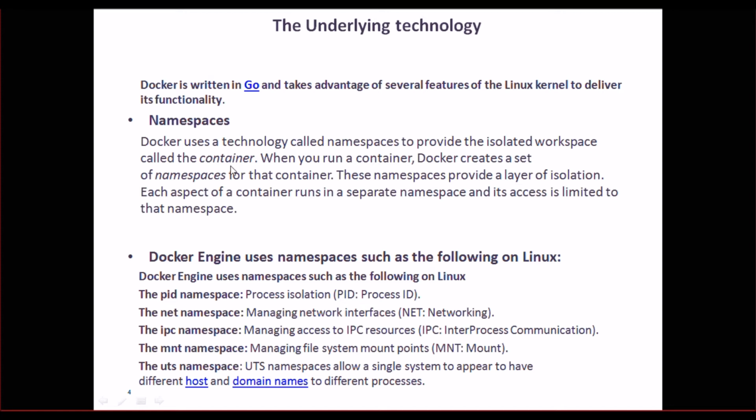That means whenever you run a container, Docker creates a set of namespaces for that container, and these namespaces provide a layer of isolation. Each aspect of the container runs in a separate namespace and its access is limited to that namespace itself.